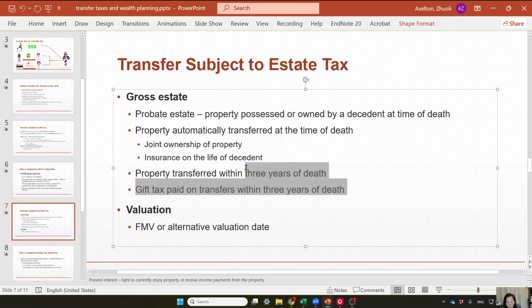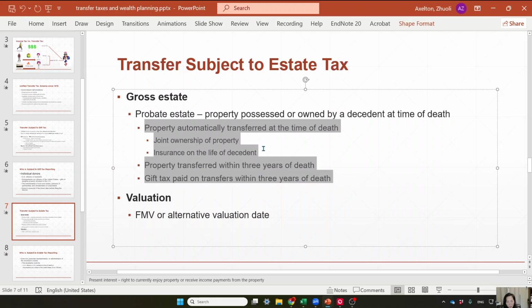So basically, the gross estate covers three types of property. So it's not only the property transferred at the time of death. So there's quite a bit of information collection to calculate the starting point of the estate tax calculation, the gross estate. The valuation is either fair market value or the alternative valuation date if the executor elects alternative valuation.